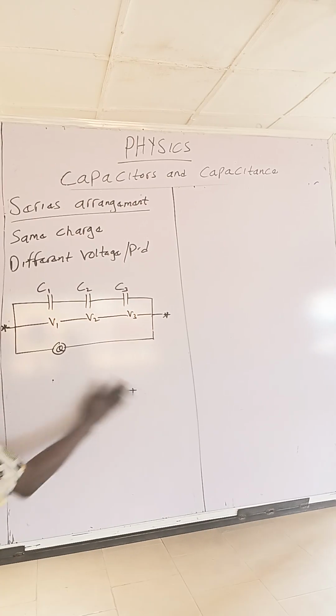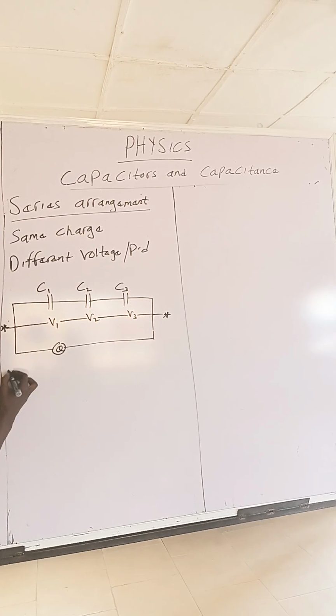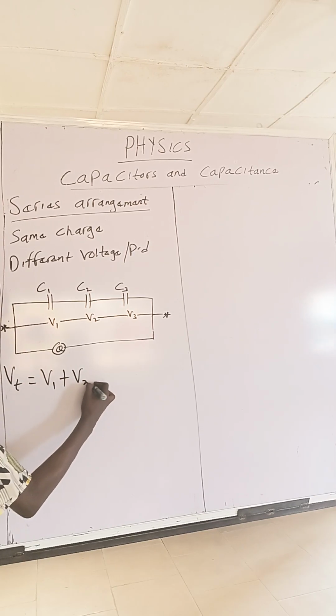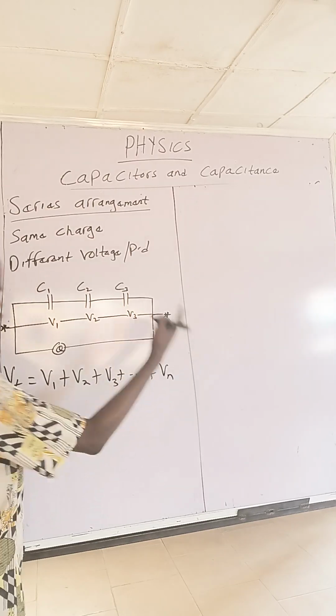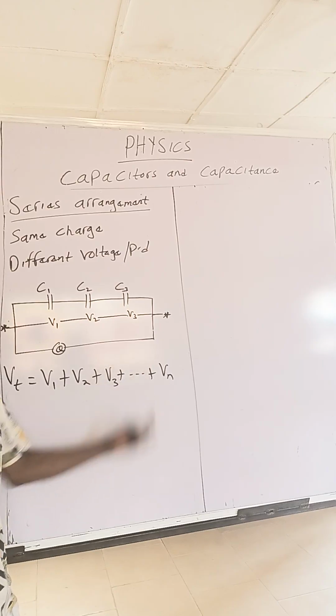So we look for the total potential difference V total, because in a parallel arrangement we look for total charge. In a series arrangement the difference between them is the potential difference. So V total equals V1 plus V2 plus V3, up to Vn, if there are more than 3, 4, 5 in that order.